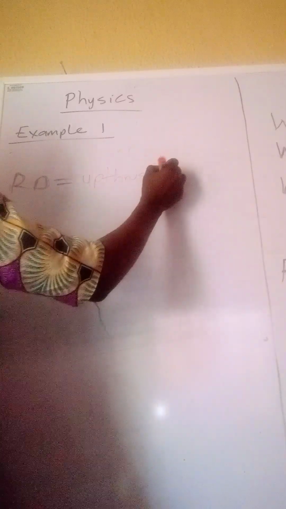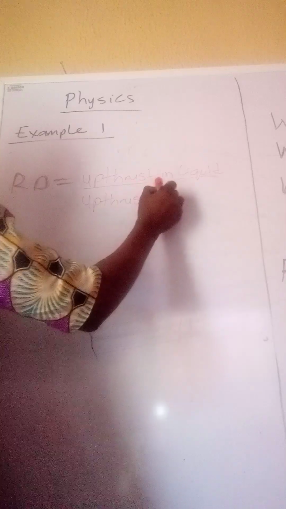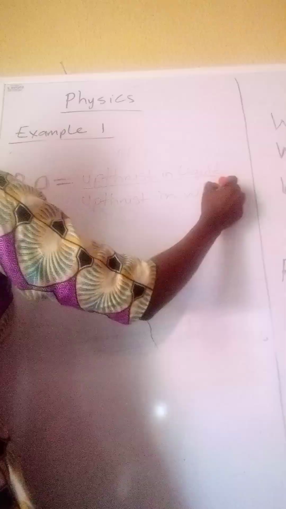So we have RD. We have RD is equal to what? Upthrust in liquid all over upthrust in water. So we have RD.